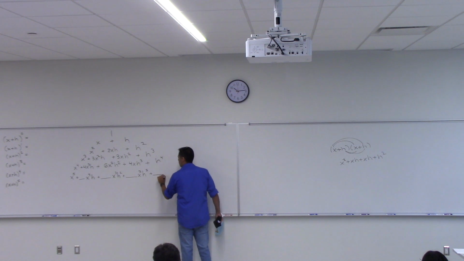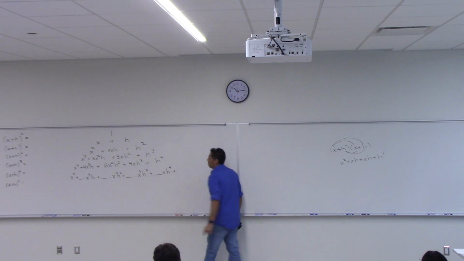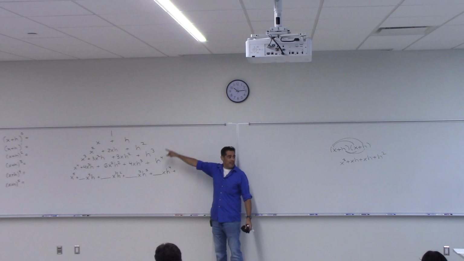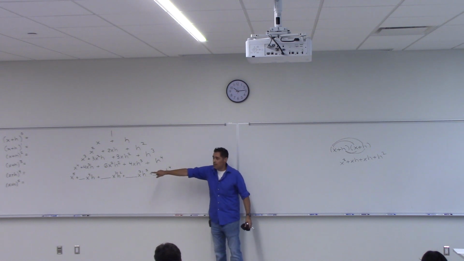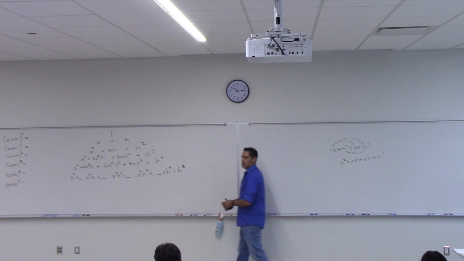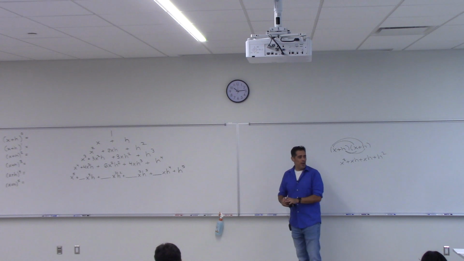Where are we? x, h to the 4th, and then plus, what about the last one? There's no x's in it, it's just h to whatever the power on the factor is, right? So h to the 5th? That's the pattern. We just need to figure out what the numbers are in front.